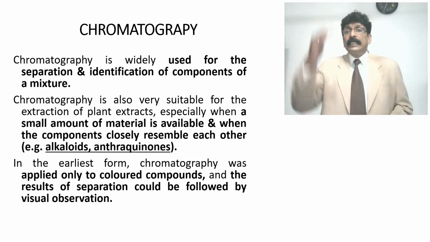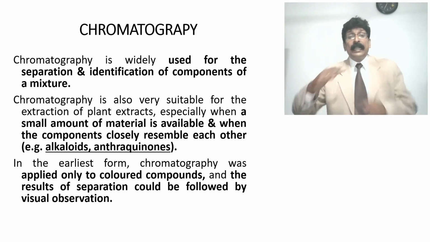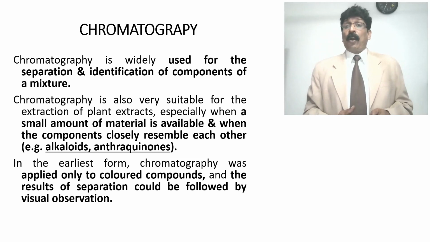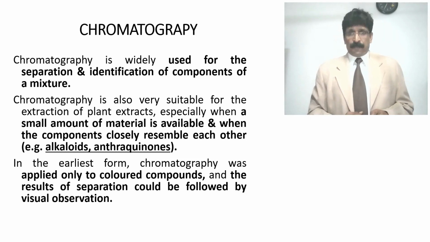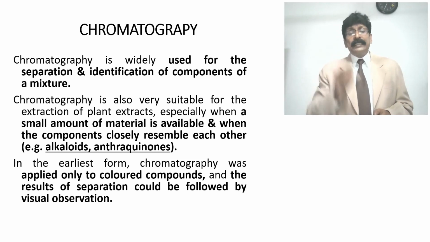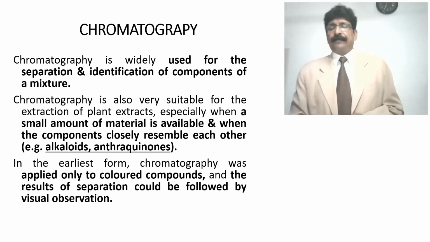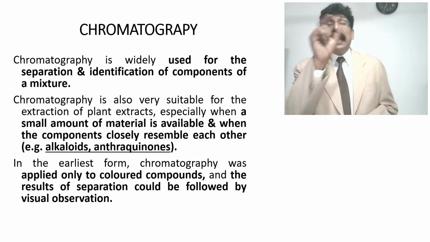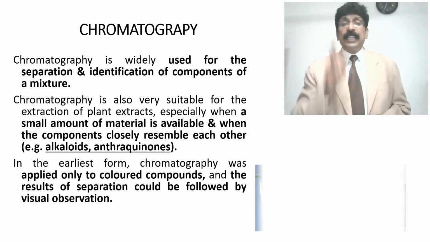When they got separated, orange, red, brown and green colored components were separated in a column or in a medium which they had kept. The result of separation could be followed by visual observation, because by the color we can identify this compound and that compound. That was the initial stage.